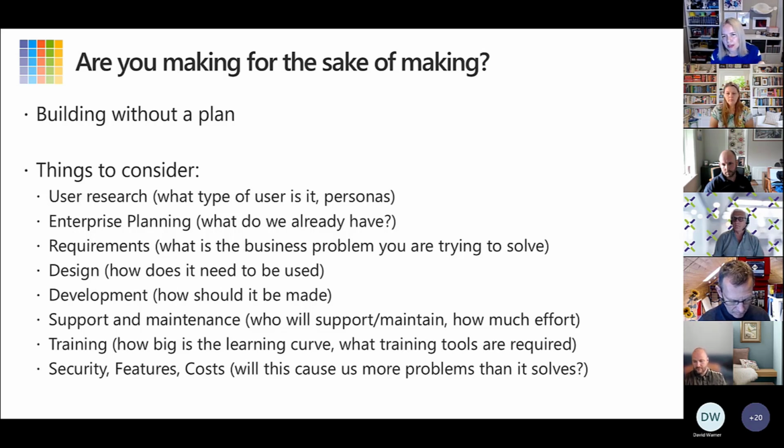This allows decisions to be made about how it should be developed and how its life cycle is going to be managed, including support. And I think from a maturity perspective, that's absolutely key.